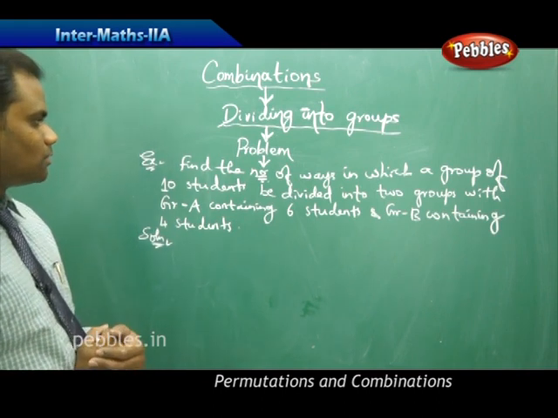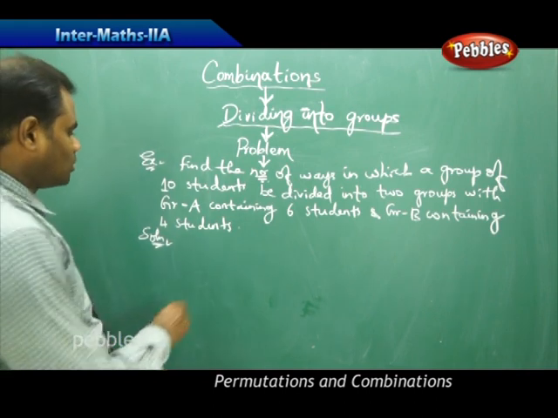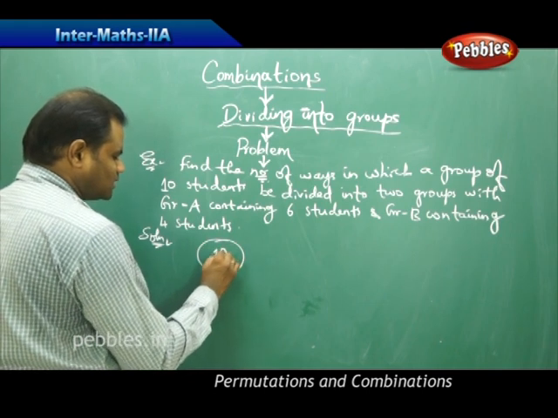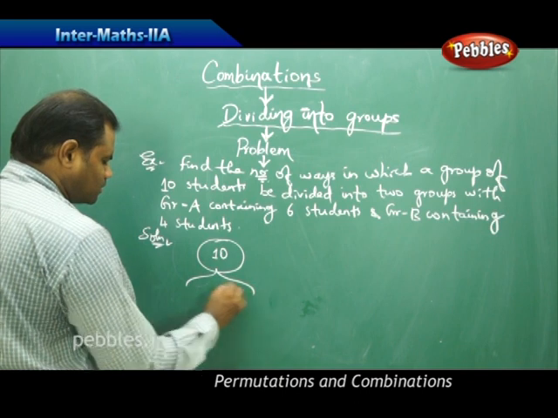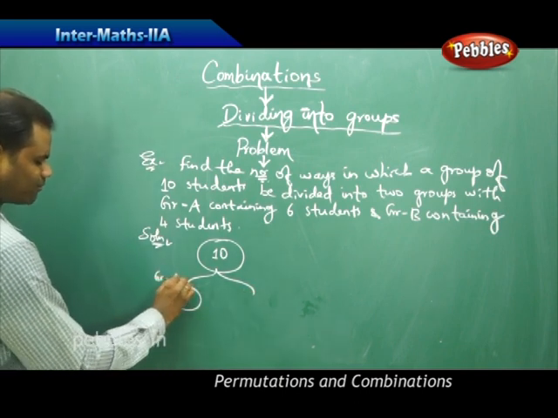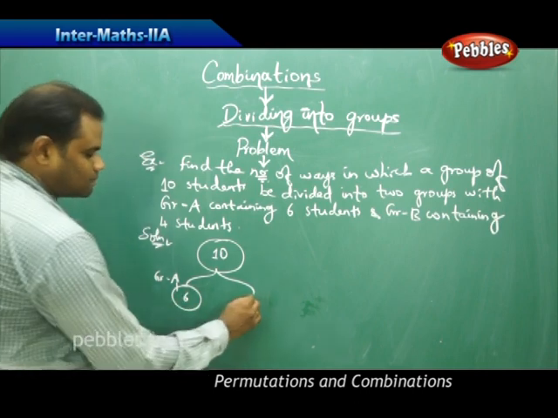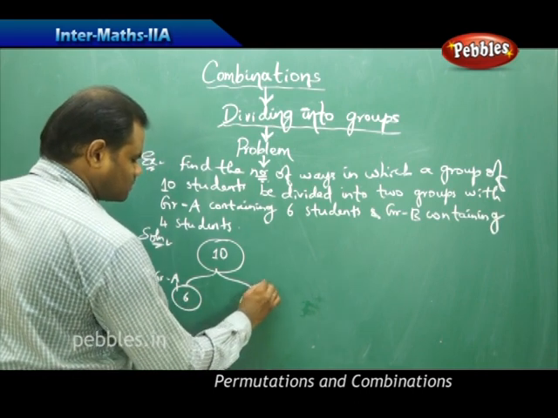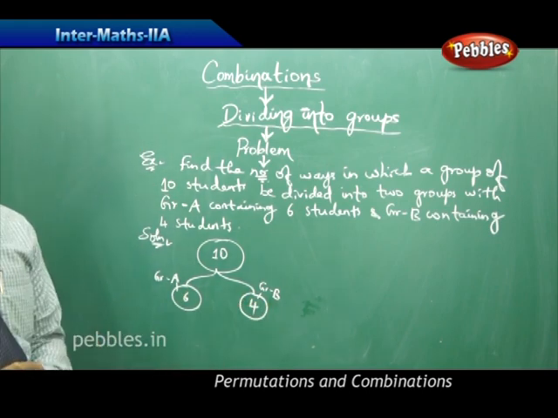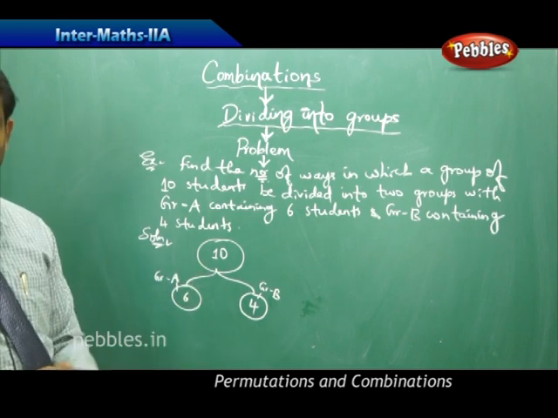Now here this is purely based on dividing into groups, because a class consisting of 10 students is divided into a group A, which consists of 6 students, and group B, which consists of 4 students, is how I need to divide the group of 10 into 6 and 4.